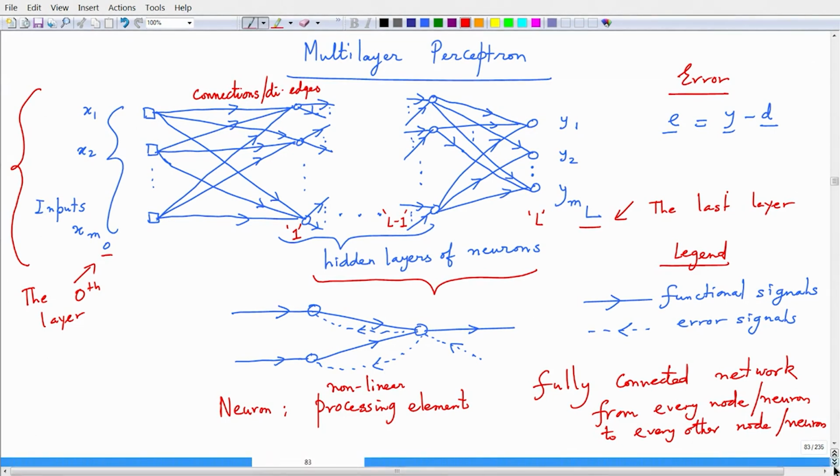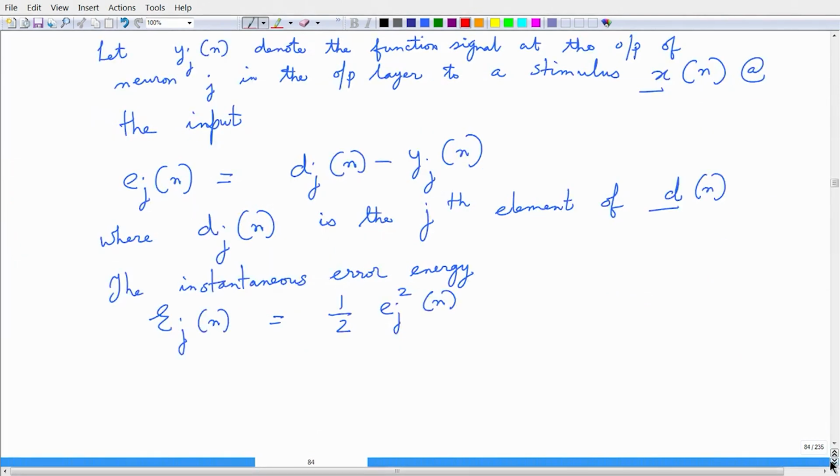Let us go forward. Now, let y suffix j of n denote the function signal at the output of neuron j in the output layer, right. At each neuron in the output layer there is a functional signal and then a corresponding desired response in terms of an attribute or a coordinate, right.